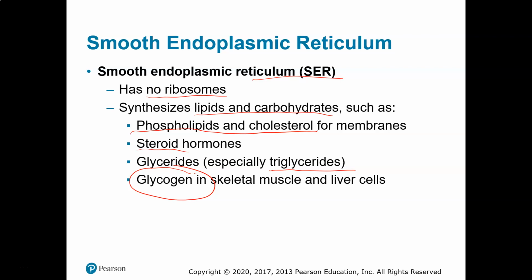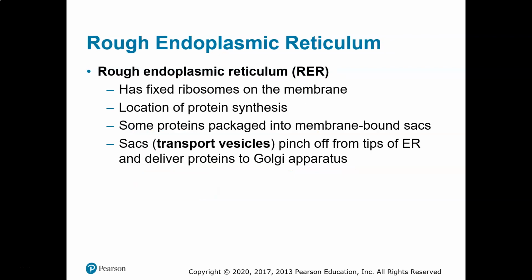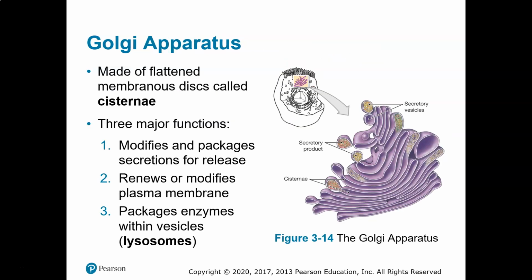That's what is produced when our skeletal muscle cells and our liver cells remove glucose from our blood and lower our blood sugar. The rough endoplasmic reticulum has ribosomes, and so it's mainly functioning in the synthesis of proteins and then packaging them up and delivering them to the Golgi apparatus.